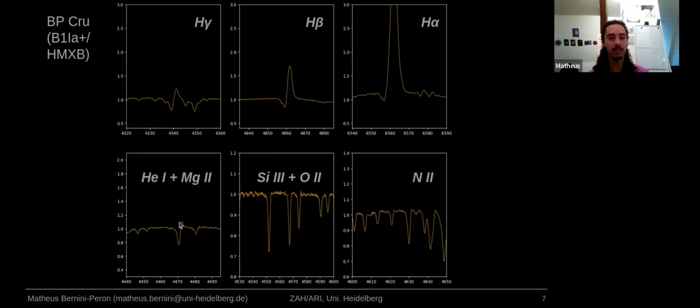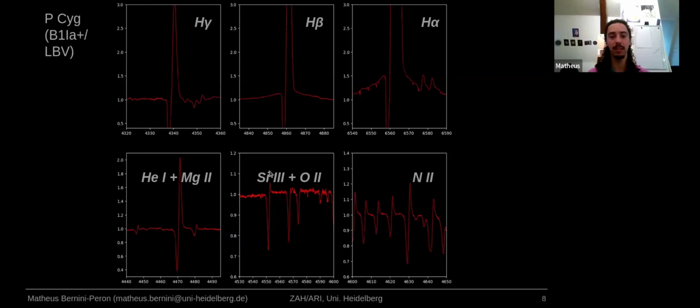For some objects in particular, the winged helium features also start to get stronger, and even metal lines start to show these very characteristic P Cygni profiles. Here I'm showing a very special B-hypergiant, which is the P Cygni star itself, which is also an LBV.